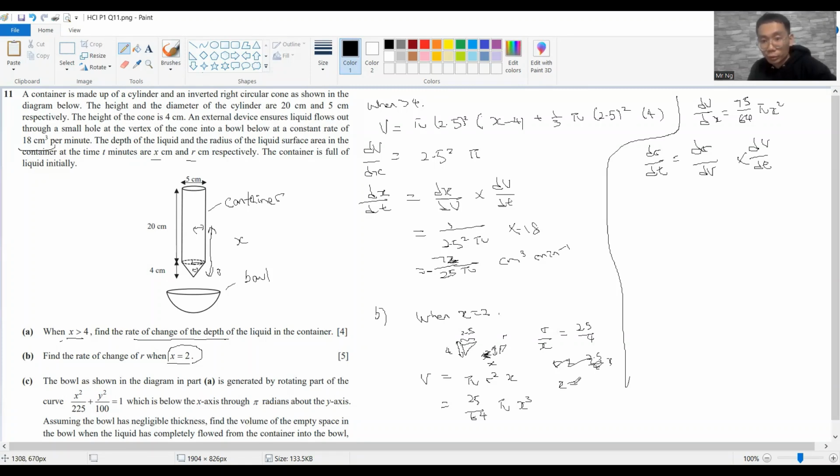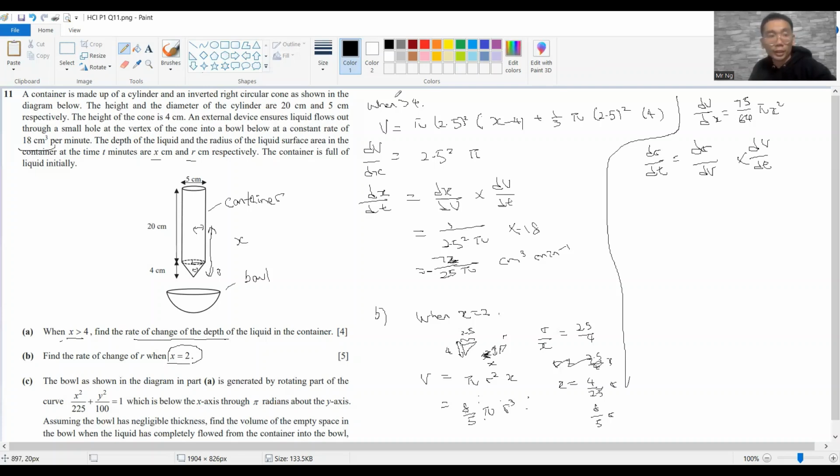So x will be equal to 4 over 2.5 r. 4 over 2.5 is equal to 8 over 5. So this thing will become 8 over 5 pi r cubed.